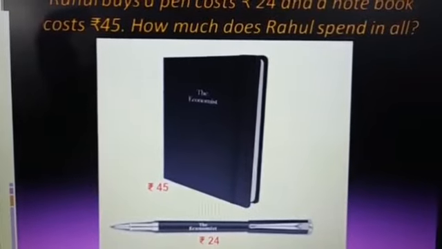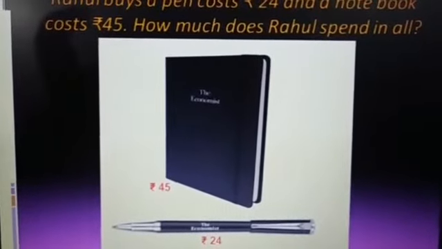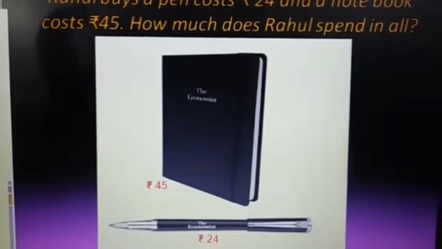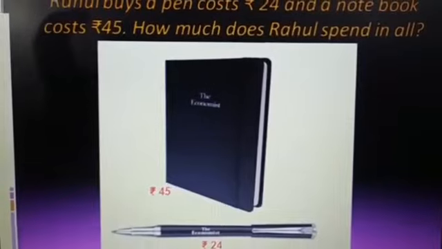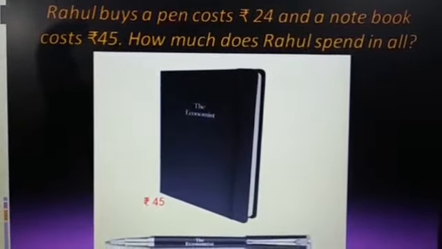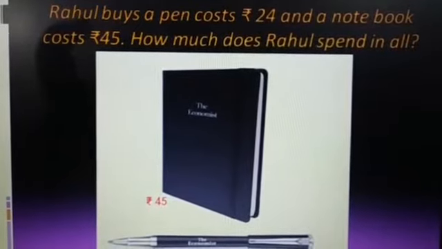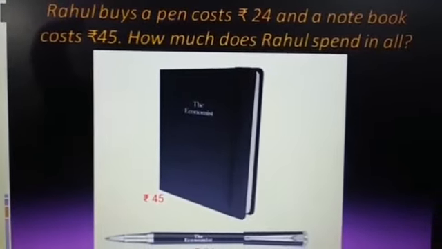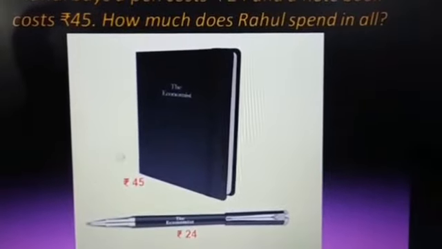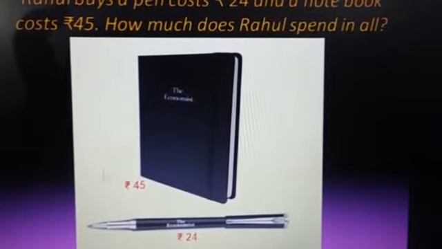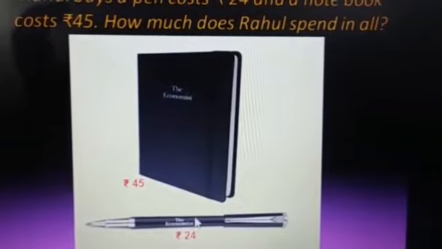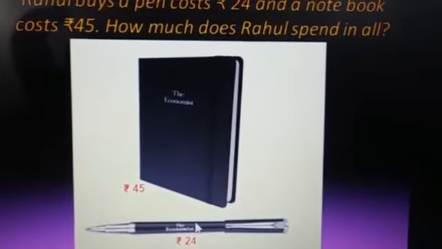Cost of the pen is rupees 24, you can see, and cost of the notebook is 45. So what's the question? How much does Rahul spend in all? In all, you know this word in all. So 45 rupees on this notebook and 24 rupees on this pen Rahul spent.